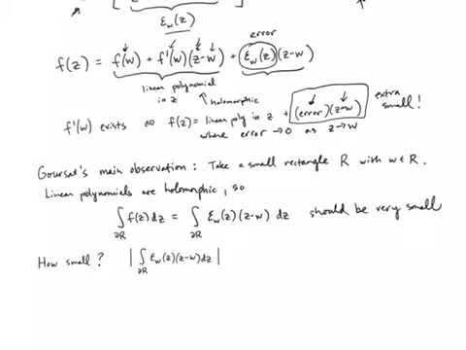So by the max length inequality, this will be less than or equal to the length of the boundary of the rectangle times the max on the boundary of the rectangle of the error times norm of z minus w.